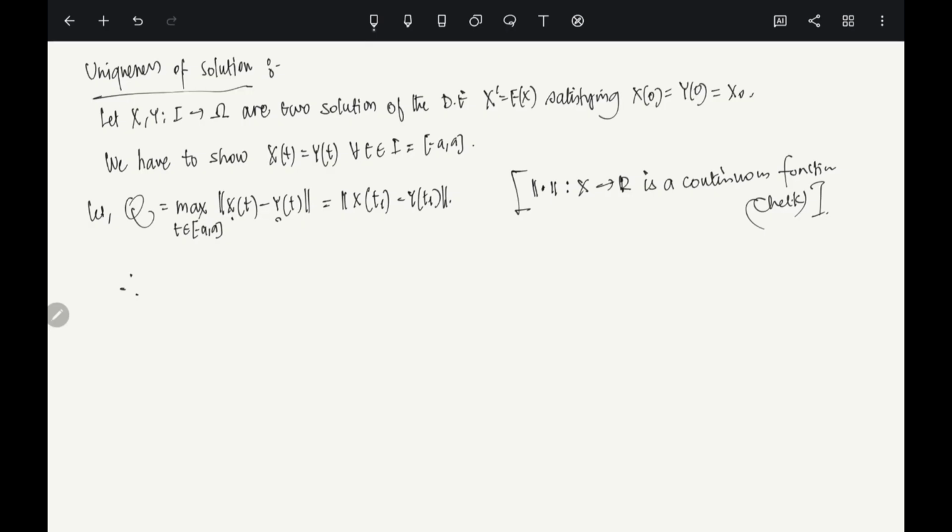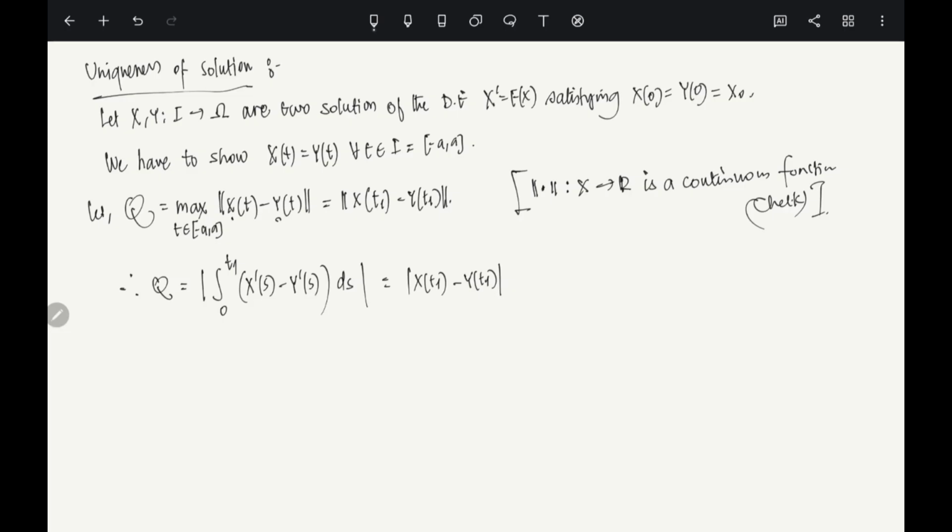Okay, so now you see q, I can write it as the integral from 0 to t1 of x prime of s minus y prime of s ds, right? Why? Because this is nothing but the norm of x of t1 minus y of t1. Clear? Fine.